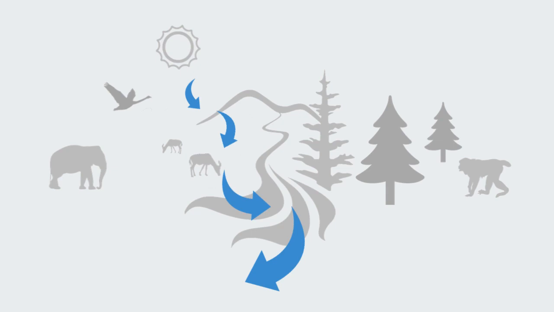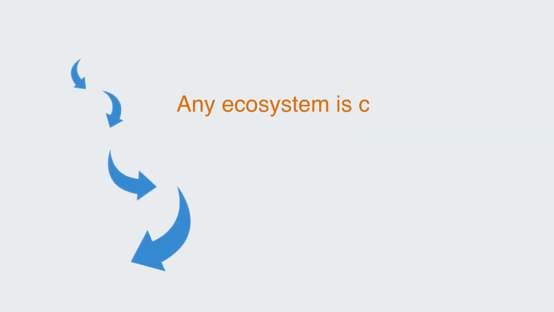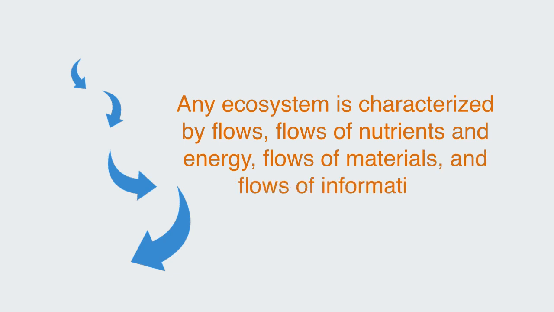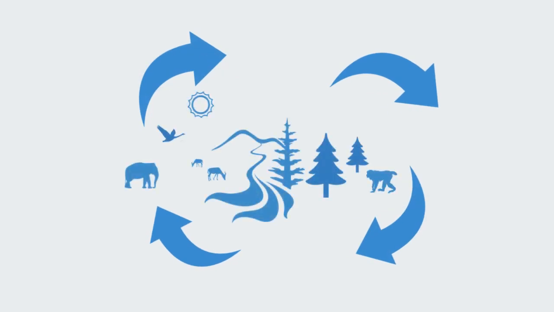An ecosystem is characterized by flows of nutrients and energy, flows of material, and flows of information. It is such flows that provide the interconnections between the parts and transform the community from a random collection of species into an integrated whole, an ecosystem in which biotic and abiotic parts are interdependent and fit together.